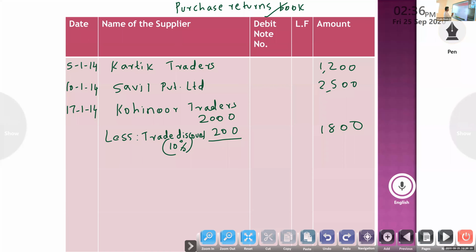So the date will be 28/1/14. The amount given is 550.